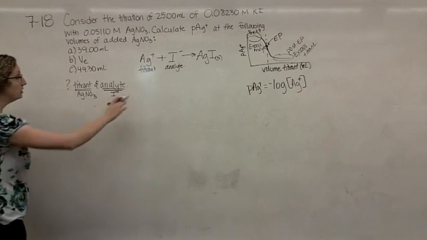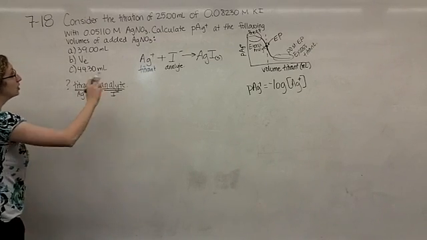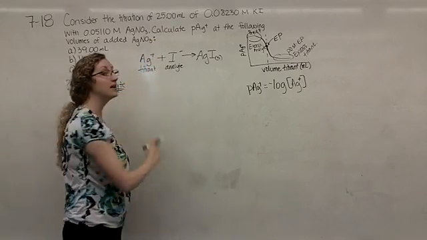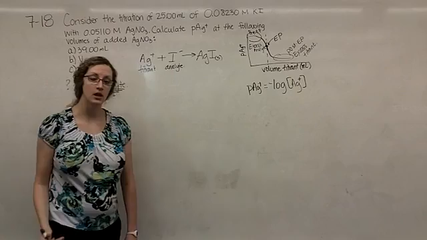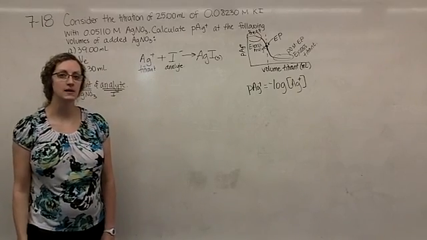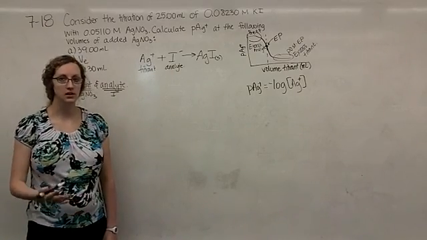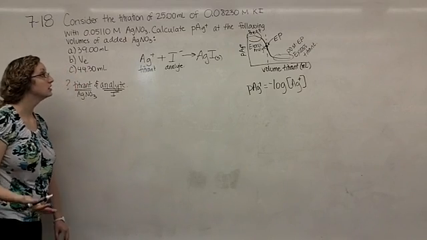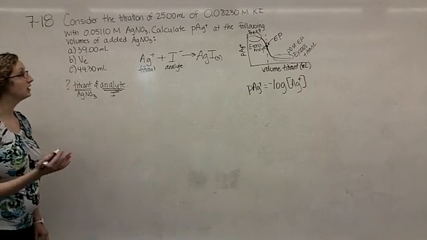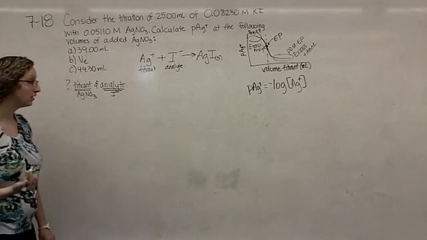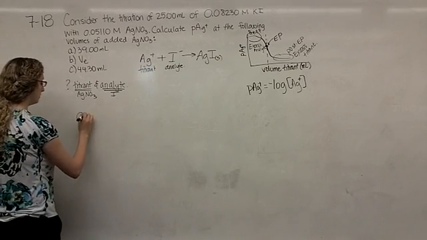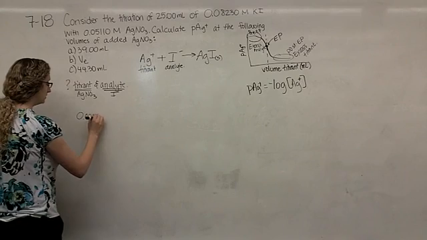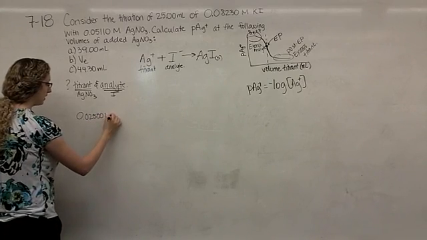We know how much analyte we have: 25 milliliters at the concentration above. So let's convert to liters first. I'm not going to show it here because I assume that you can get to liters, but you're going to get to moles of your analyte. So you are going to start with 0.02500 liters of iodide.